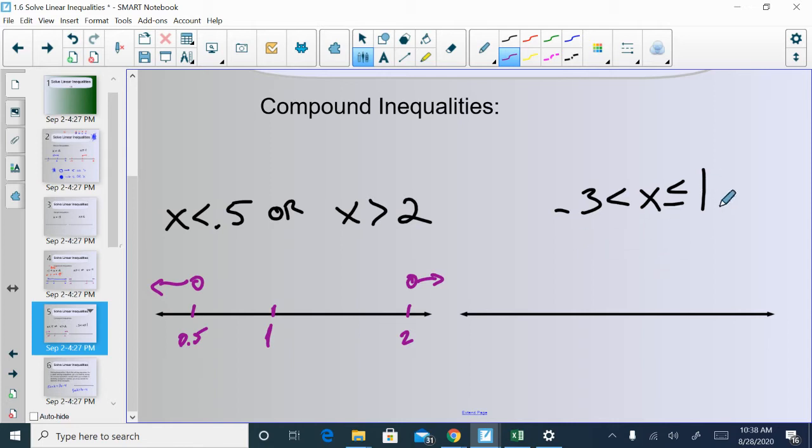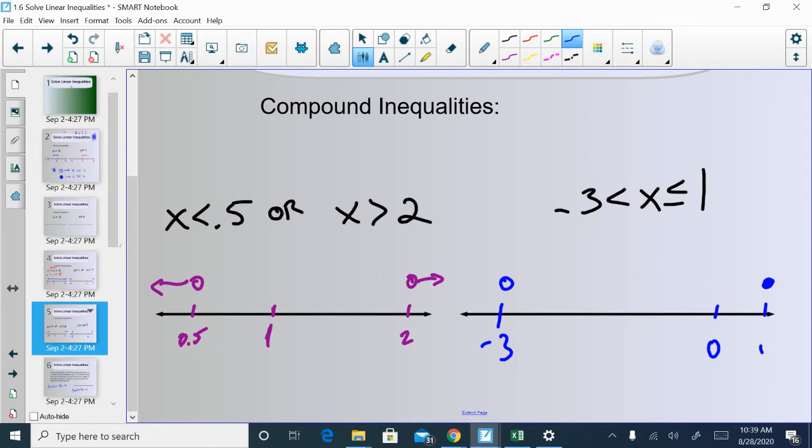Now here's our compound and statement. Remember, you put the smaller number on the left, bigger number on the right. Put something in between them. Let's go with 0 again. -3 is going to get an open circle. 1 is going to get a filled in circle. Then we can connect them, right? Because it's going to be X values less than 1.